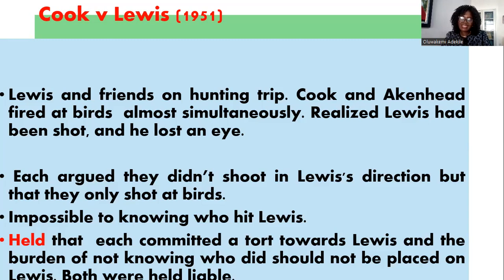These are usually cases where you are unable to ascertain upon the facts who is responsible. If there is any probability that either was the one that hit him, assuming, for instance, in the light of modern evidence, you can show that the bullet of Mr. Cook was the one that hit him or Arkansas, then that person would have been exclusively liable. But in the face of the lack of that evidence, both were held liable.